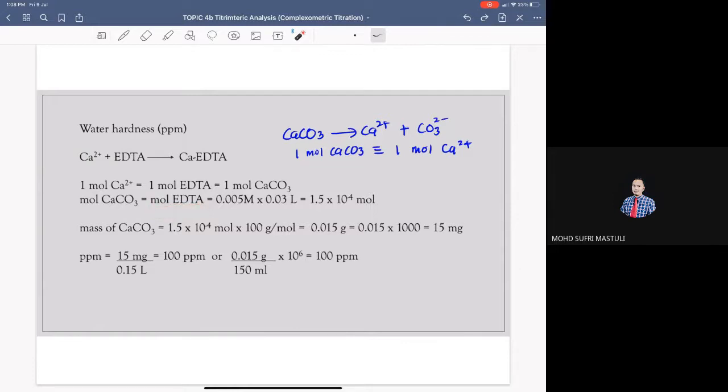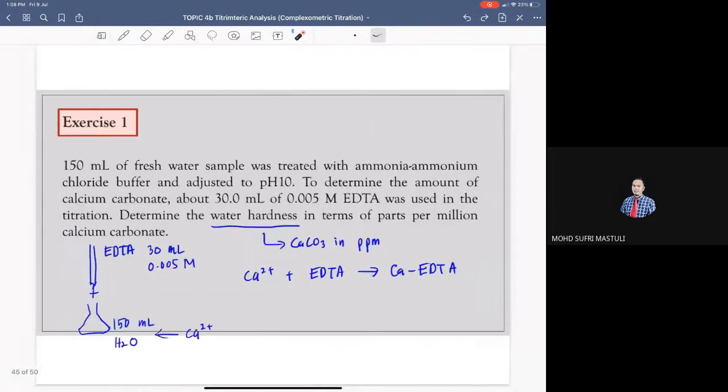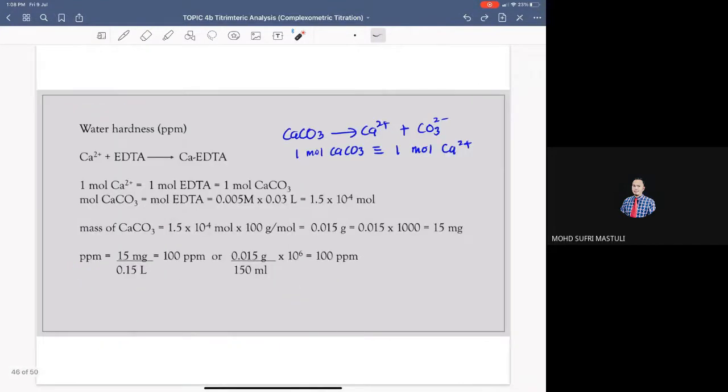The EDTA is 30 ml of 0.005 molar, so 0.005 moles per liter times 30 ml, with ml converted into liters: 30 over 1000 multiplied by 0.005.